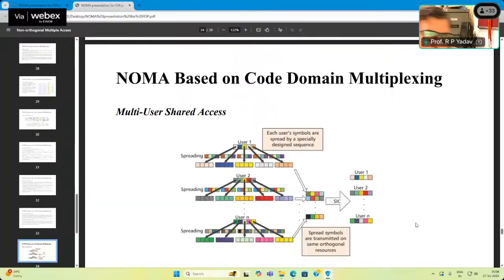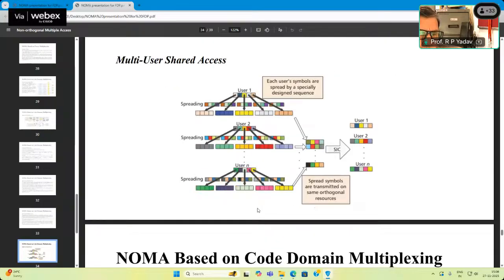Now, if you look at NOMA based on code domain multiplexing, each user's symbols are spread by a specifically designed sequence. You can see here user one, there is a spreading, and then through a certain code, these spread symbols are transmitted on the same orthogonal resources, user one, user two to user m.